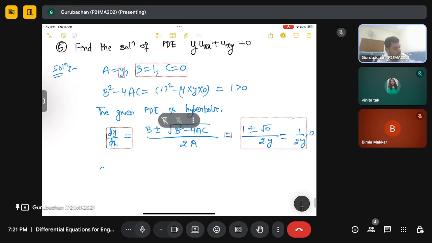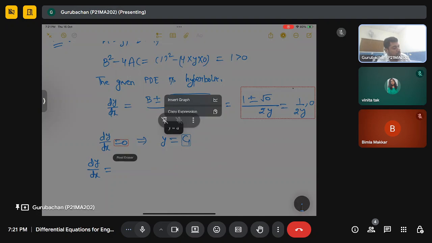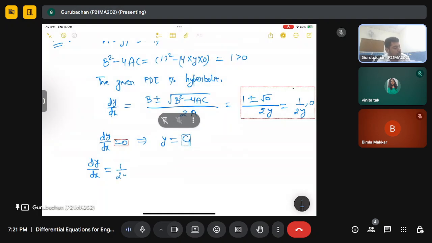So from 0, dy by dx is equal to 0, you will get one curve y equal to c1, and from dy by dx equal to 1 by y, you will get 2y dy equal to dx.